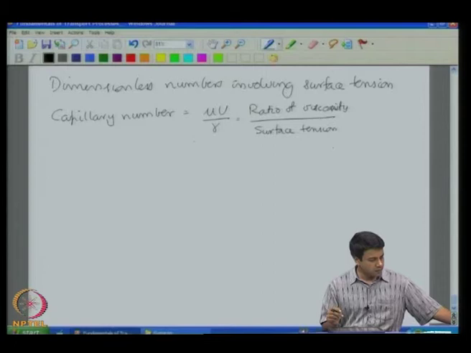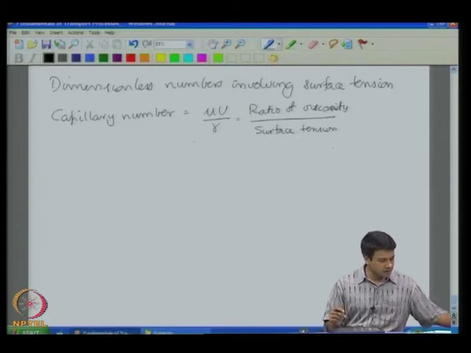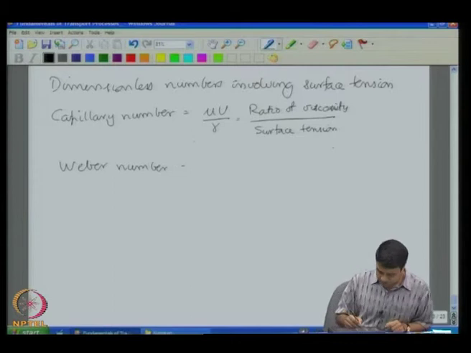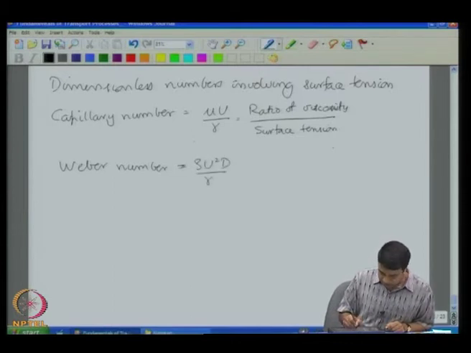And one can also have a ratio of inertia and surface tension, and that is what is called the Weber number. This is written as rho u square d by gamma, which is the ratio of inertia by surface tension.